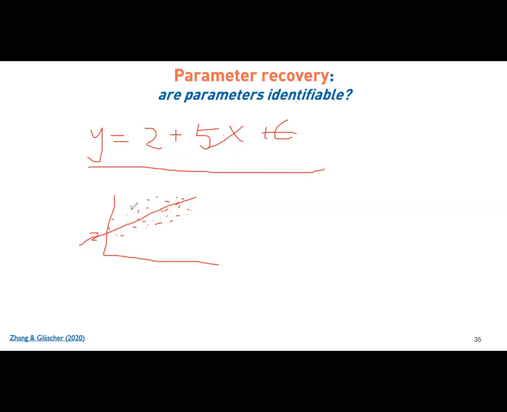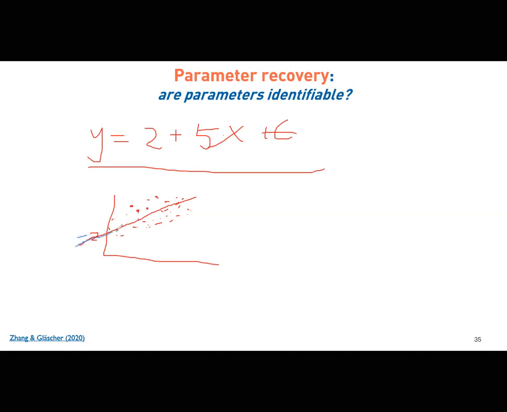Because we have the simulated data points, for model fitting, the model fitting doesn't care if it is true data or fake data. So we can fit a regression line according to those data points.